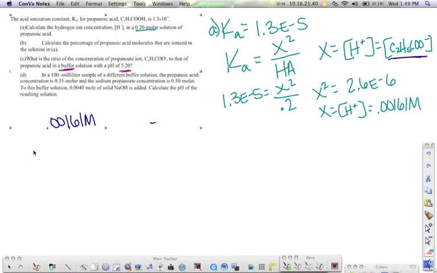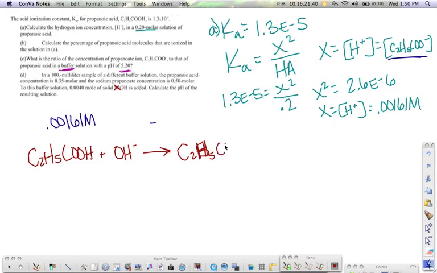So I'm going to take my acid, C2H5COOH, and I'm going to add to it the sodium hydroxide. But remember, sodium is a neutral ion, so all I care about is the hydroxide. And I'm going to produce the propanoate ion. And this hydrogen is going to go with that hydroxide, and we're going to make some water.